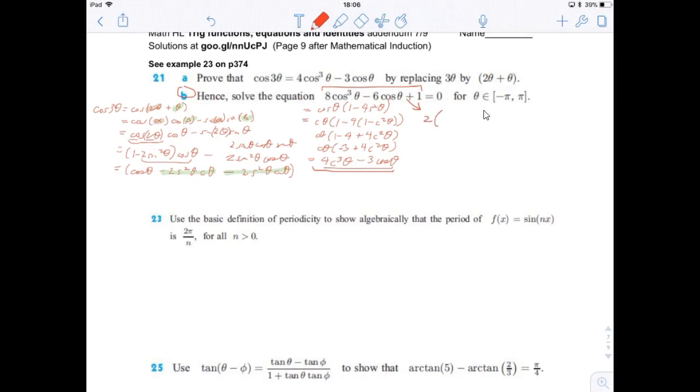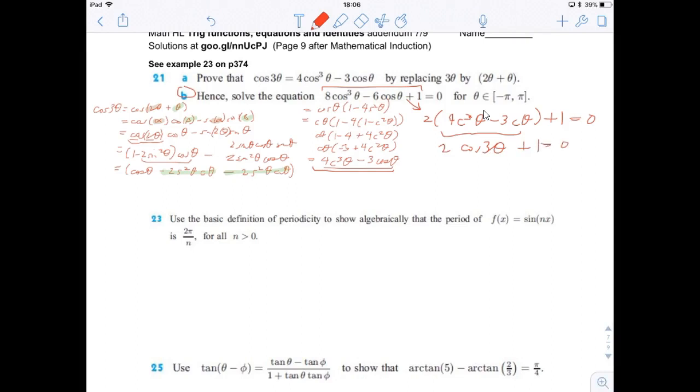Then I would have 2 times 4 cosine cubed theta minus 3 cosine theta, and then I just leave the plus 1 alone. Now if I do that, look, I have the exact expression there, 4 cosine cubed theta minus 3 cosine theta. So I can substitute cosine 3 theta here. Now I have 2 cosine 3 theta plus 1 equals 0.